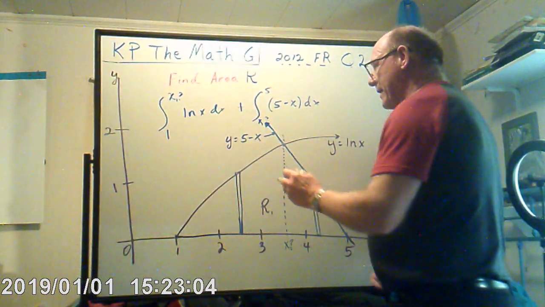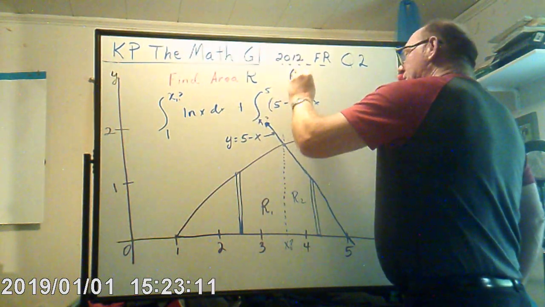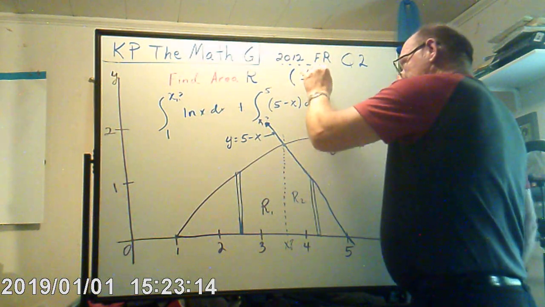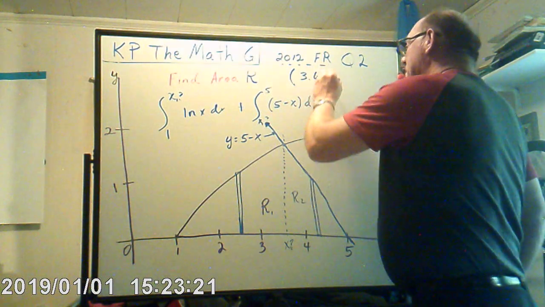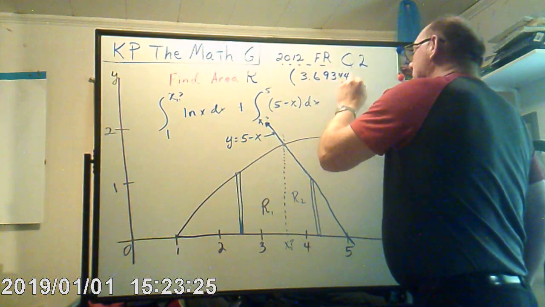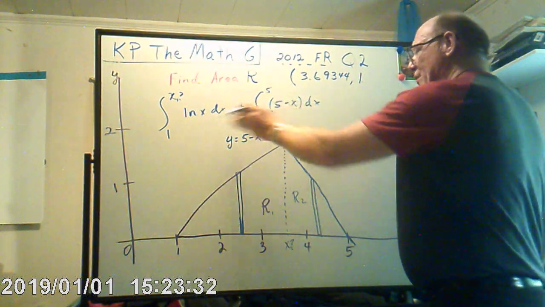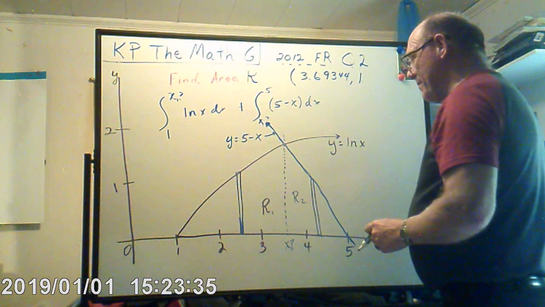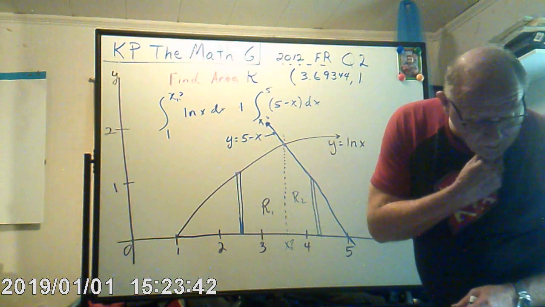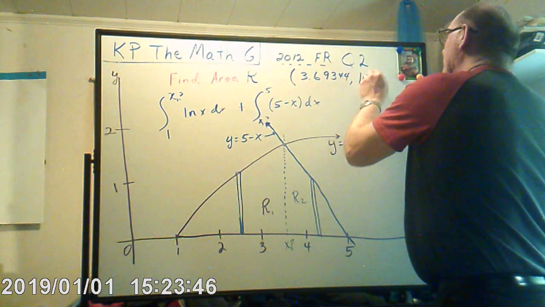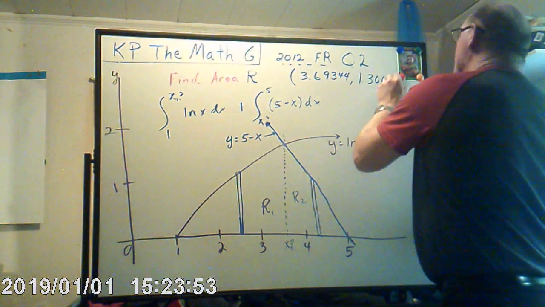In this case, the x value that we're looking for is 3.69344, and then the y value, which we're not interested in on this particular problem, but maybe you might need it, is 1.306. That may be enough, but I'm just going to go on out to 5, 6.